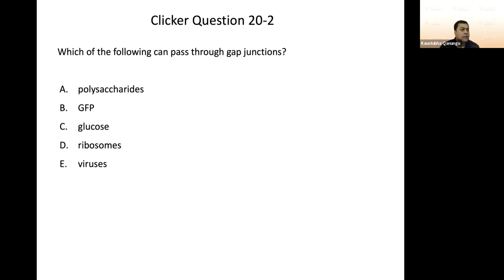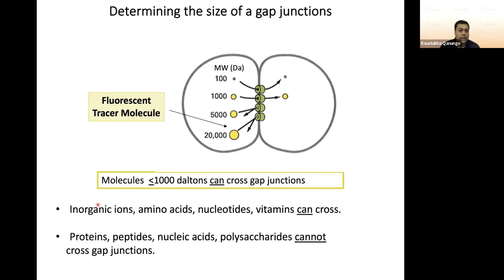If we take a look at that, let me close this first. If we move on to, oops, sorry, right here. What I said right here is that fluorescent molecules, fluorophores of this molecular weight, can pass through.